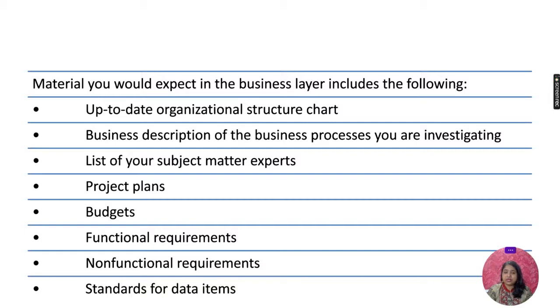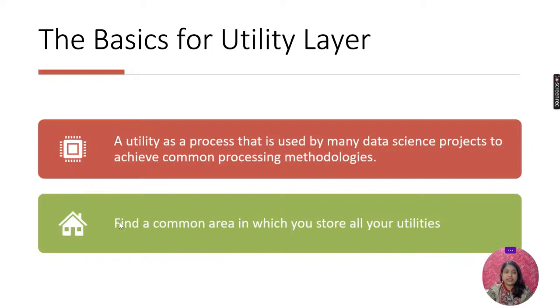In our functional and non-functional requirement, we should also understand that the basic functionality which is required should be completed, and if we have some requirements like security, reliability, that also should be covered in the non-functional requirements. Now let's see the basics of utility layer.